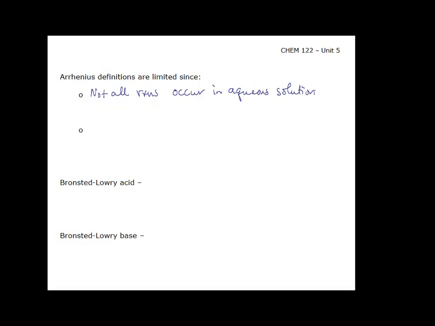The other reason it's limiting is that H+ is so reactive, it doesn't even exist in water.